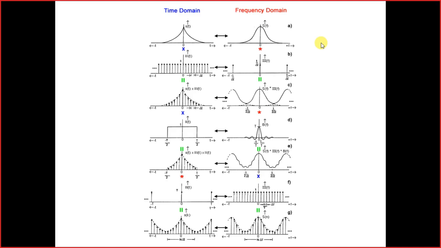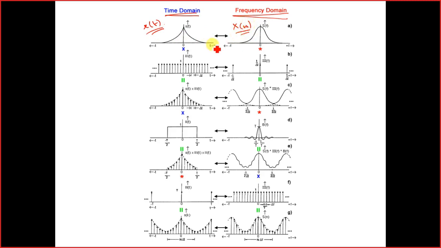For a particular signal, we can analyze the signal in the time domain and the frequency domain. In the time domain, we have the normal signal, say x of t, and for that signal we will have x of omega.